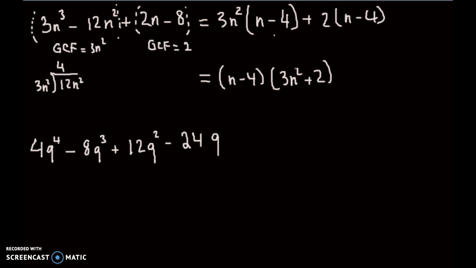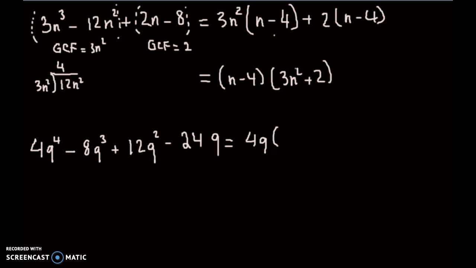So I realize what's common here in terms of the terms: every single term has q. The next common thing is that all of these numbers can be divided by 4. So the greatest common factor for all four terms is 4q.